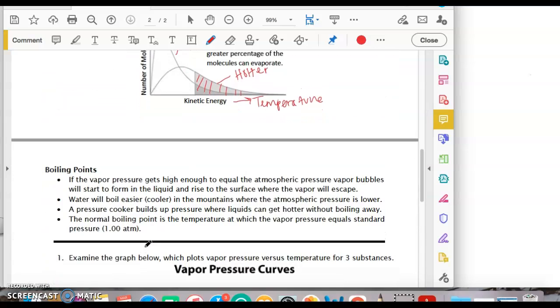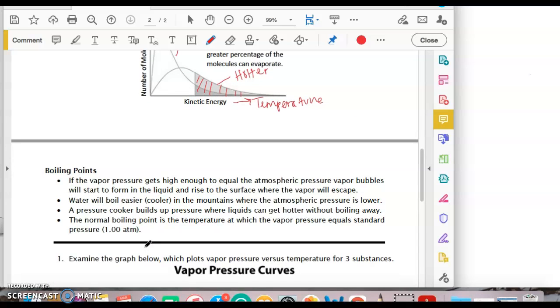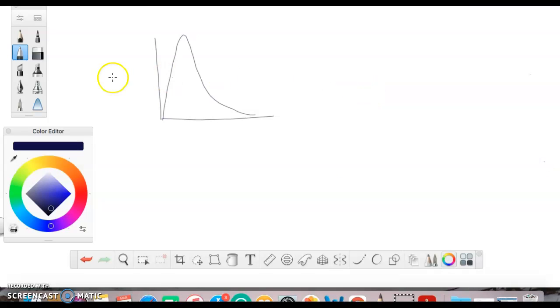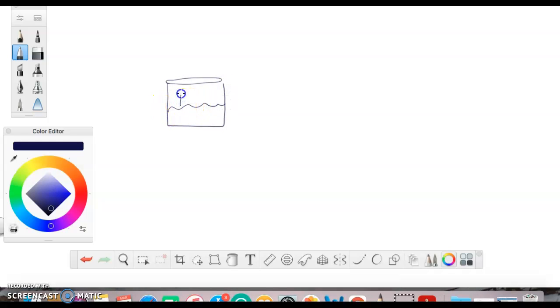Okay. So lastly, we have boiling points. As we stated earlier, when we have a vapor pressure that builds up, so we have some water here, and we have some evaporation and condensing going on. Here's our lid for our cover.